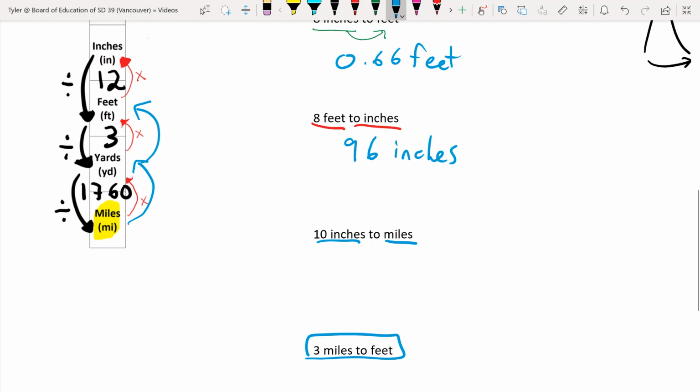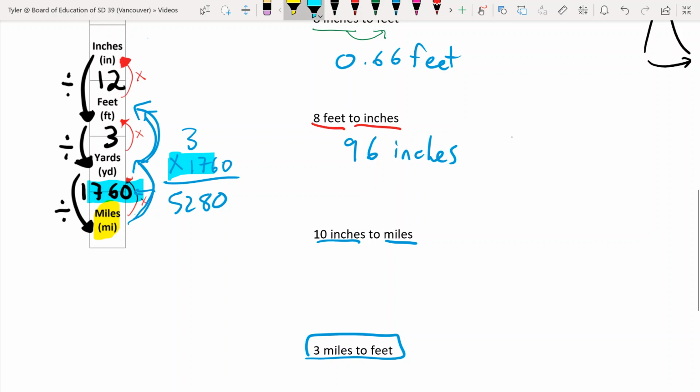So I need to do the multiplication twice. So I'm going to start with my 3 miles, and then I have to do times, as I go through here, 1760. So times 1760 gives me 5280.